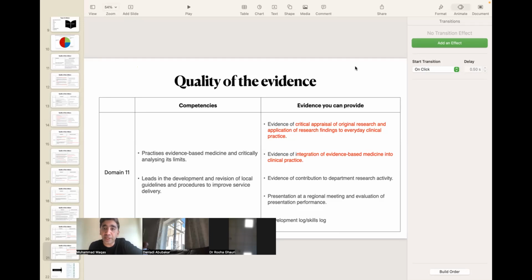So get a mentor, get a supervisor, and discuss these things with them. But I don't know of a service which is active and actively reviewing the applications of candidates. Probably we can start that as a future project with Dr. Sadia, and we can think of doing that in the future.